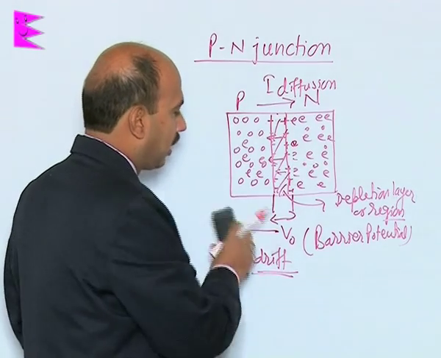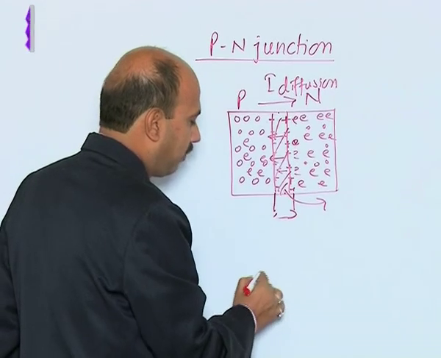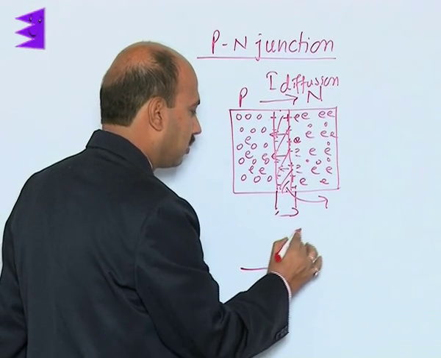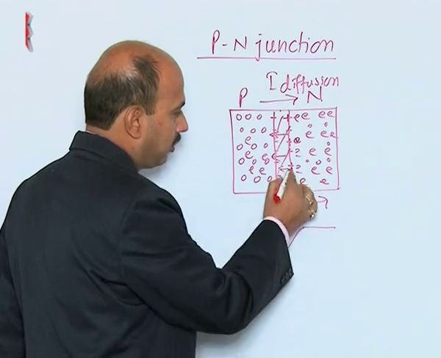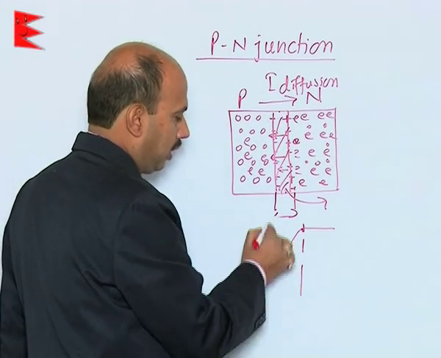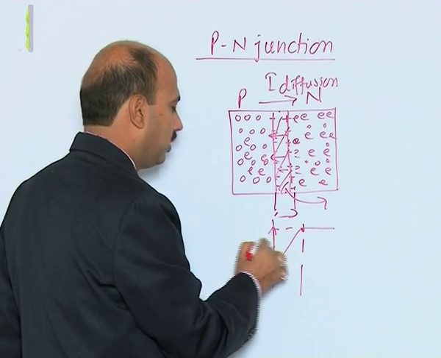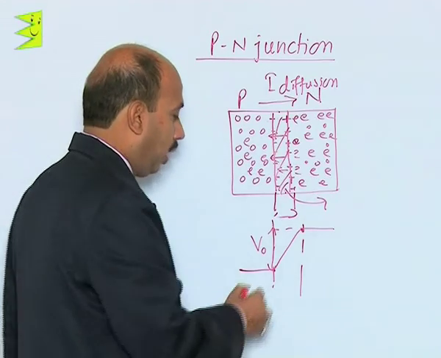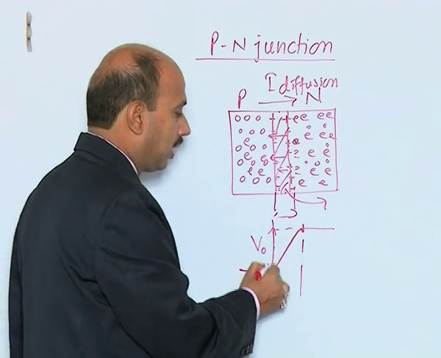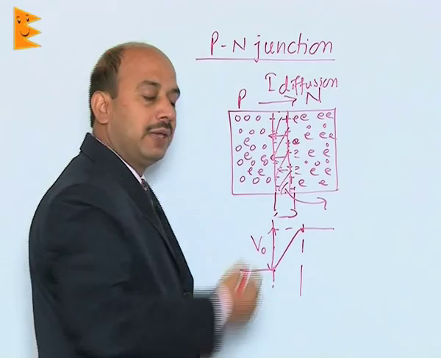The graph of the barrier potential is like this. This is the zero level, and this point is the highest. This is the height of the barrier potential, and this is the variation of the potential across the junction.